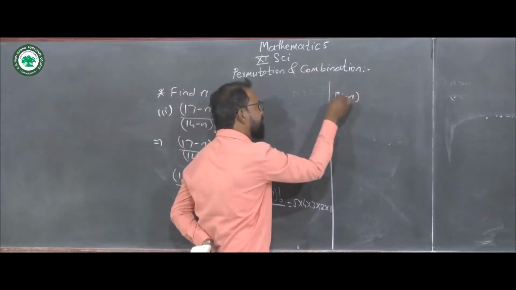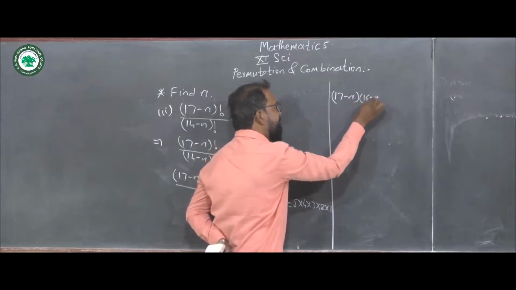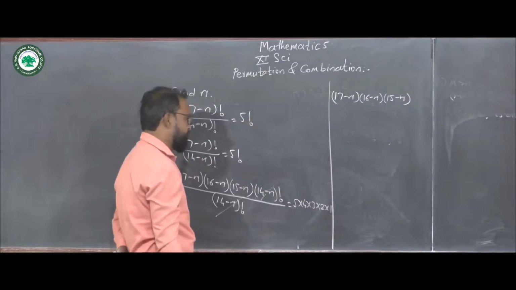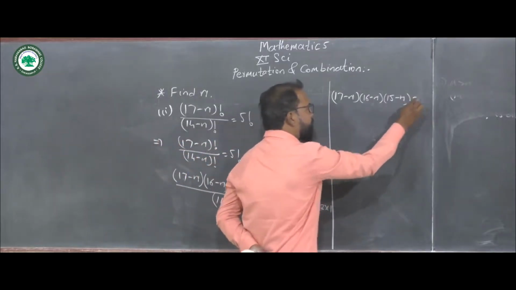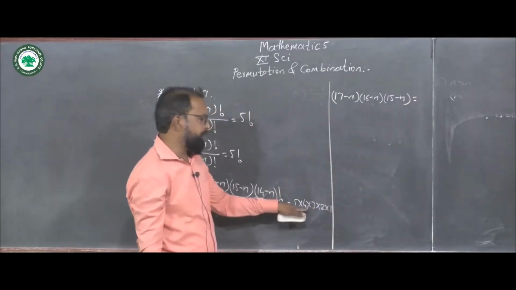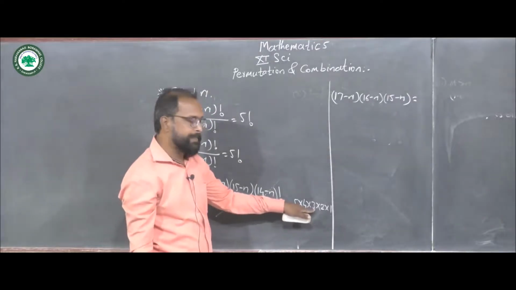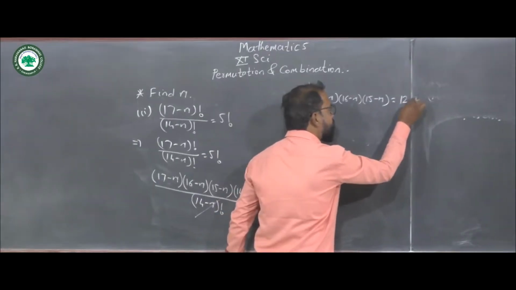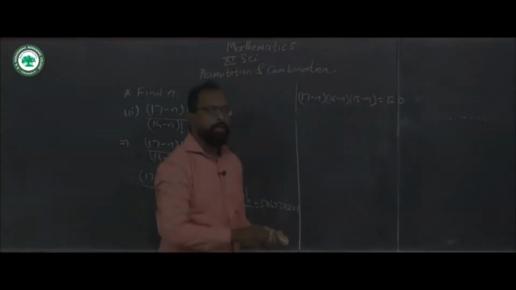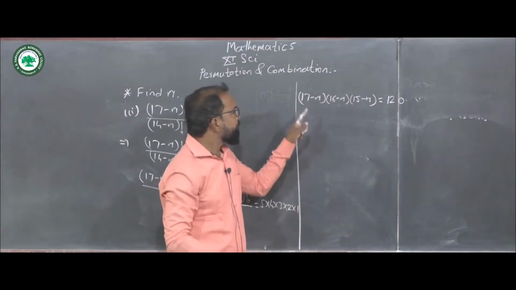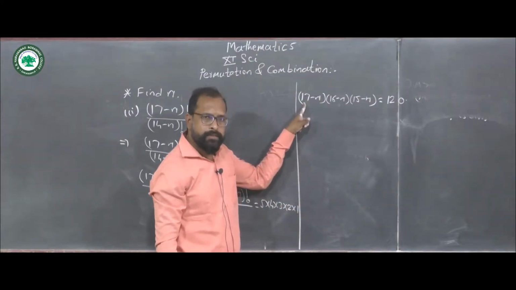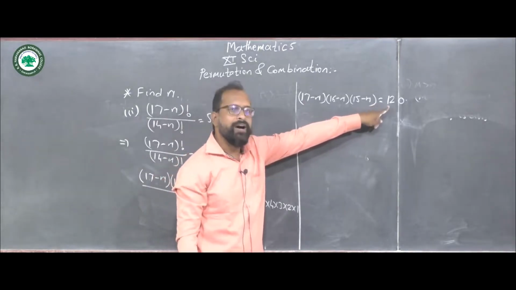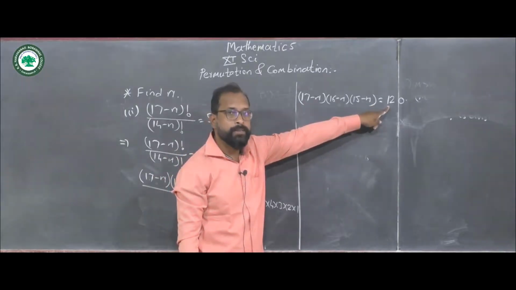17 minus n into 16 minus n into 15 minus n equals, now the product of 5 into 4, that is 20, 20 into 3 is 60, 60 into 2 is 120. That is the value of 5 factorial. Since the LHS is the product of 3 consecutive natural numbers, we try to write the RHS also as the product of 3 consecutive numbers.